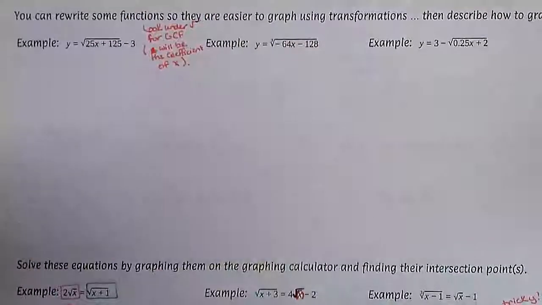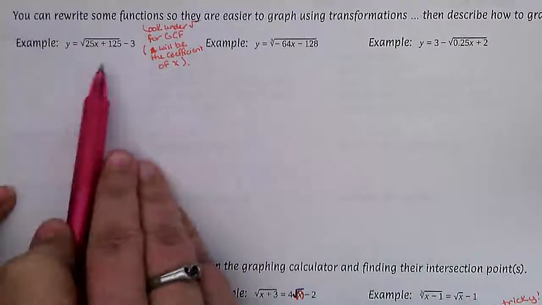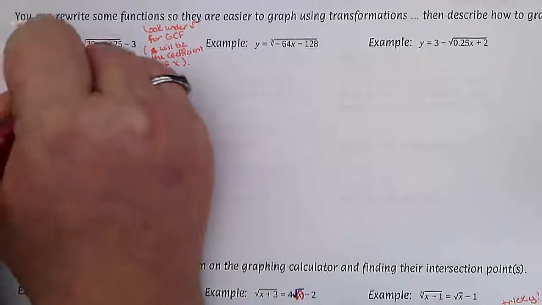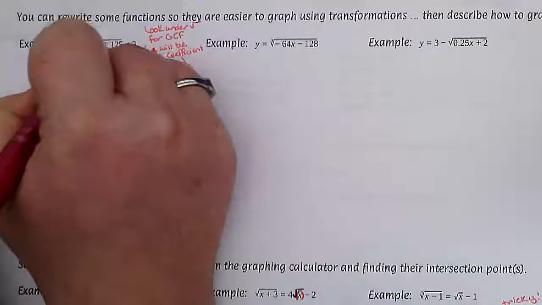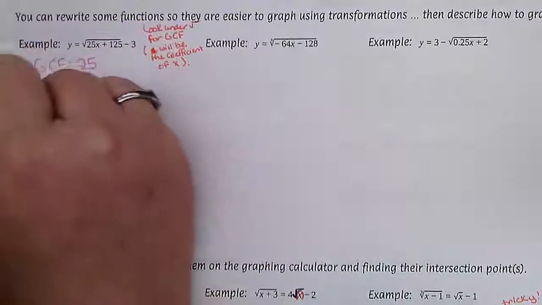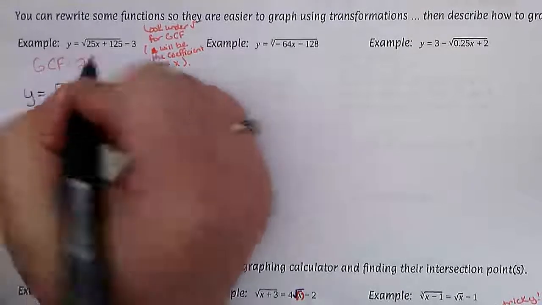So what is my coefficient of x? Well, my coefficient of x is the number in front. Let me get my hand out of the way. Number in front is 25. So my GCF underneath that radical is going to be 25. So let's rewrite this. I've got y equals, and I'm going to have a square root.